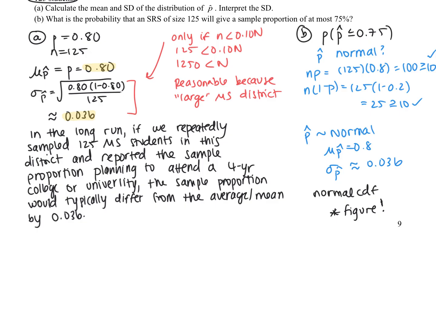This one. Probability that p hat is less than or equal to 0.75. So you're going to use normal CDF. Here's your mean. Here's your standard deviation. I got about 0.0824. You all agree?